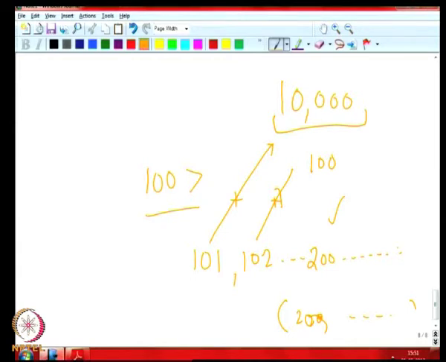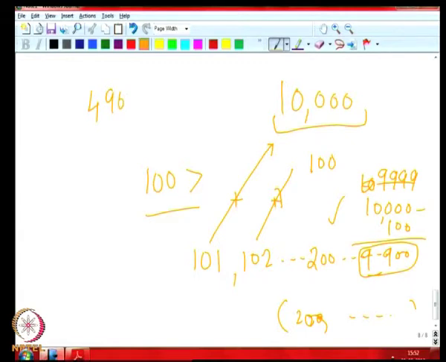He has to do it for all the numbers up to 10,000, minus 100, this many numbers, that means 9,900 numbers he has to try. So, you may say that okay, why should I go above 5,000, because I know that nothing above 5,000 will divide 10,000. So, maybe even then I have to do 4,900 times this thing, right.